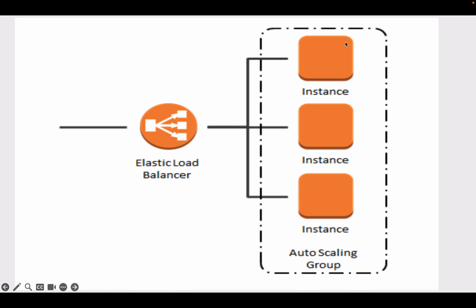If it wants to remove this instance, the load balancer will wait for some time until all the current requests this particular instance is handling are completed, before auto scaling removes the instance from the auto scaling group. That is the major purpose of connection draining.